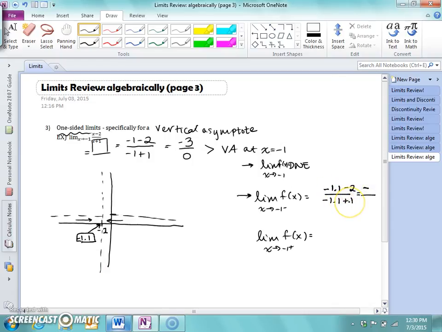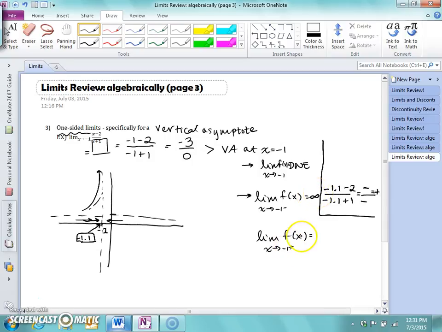In the denominator, negative 1.1 plus 1 is still negative. A negative divided by a negative is positive. So that means as I get closer and closer to negative 1 here, my outputs are positive. So it's safe to assume that your graph is shooting up. So this limit is infinity, which technically isn't an actual limit because infinity is not a number, but at times you will be asked to state it like this.